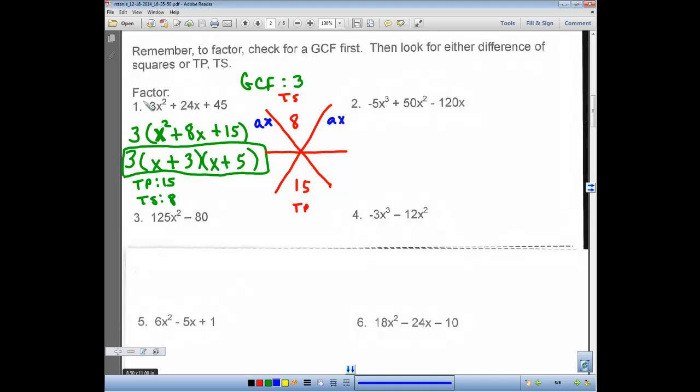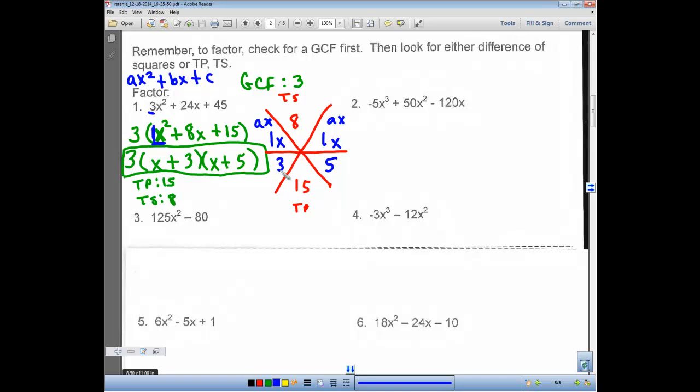So whatever A is in your trinomial, remember the standard form for a trinomial is AX squared plus BX plus C. So A in my new trinomial is 1, so that's 1x. And then these are my factors, the two numbers that multiply together to give me 15 but add to give me 8. So that's 3 and 5.